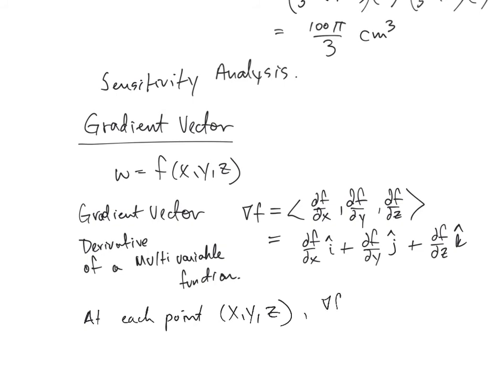Well, it gives a vector at that point. It basically tells me what the derivative is of that function at that particular point in space. I can find the gradient vector at some other point x, y, z. It'll give me another vector at that point in three-dimensional space, which tells me the derivative of the function at that point in space. Okay?